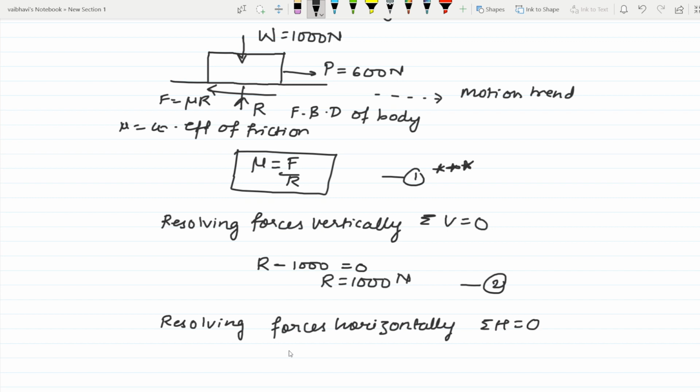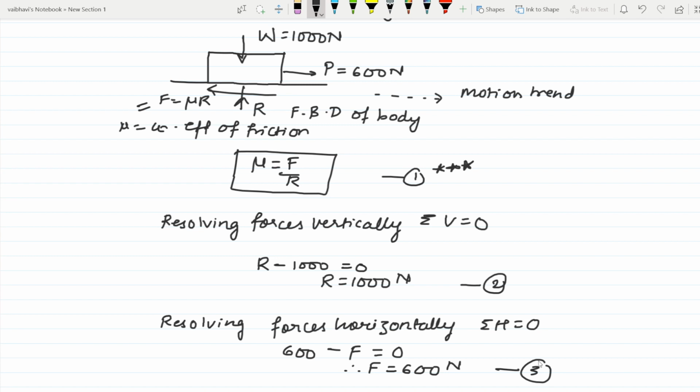Horizontal forces: first there is an applied force of 600 towards right, so plus 600, and this frictional force is towards left, so minus F equal to 0. Therefore we get F equal to 600 Newton. Let this be equation 3.